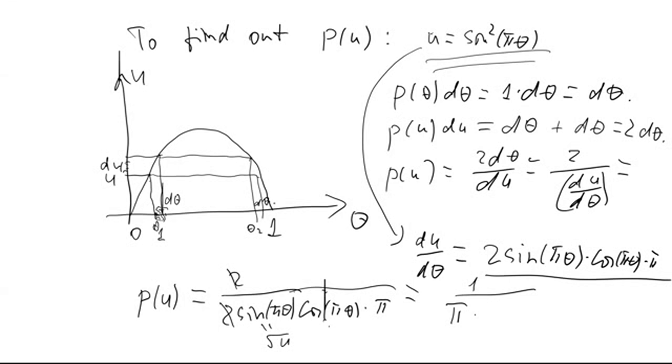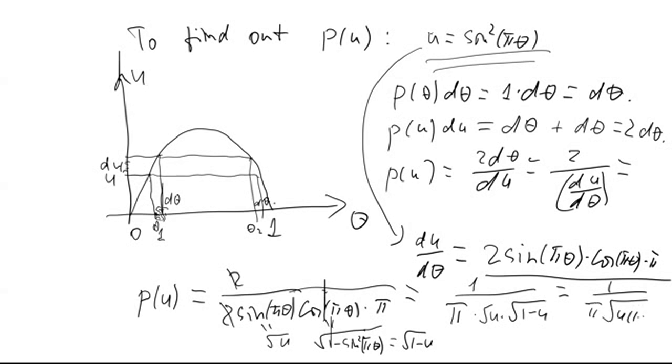And cosine pi theta is the square root of 1 minus sine squared pi theta, and sine squared pi theta is U, therefore it will be the square root of 1 minus U. And therefore we will have the square root of U times the square root of 1 minus U. Again, the probability density function of U is 1 over pi times the square root of U times (1 minus U).